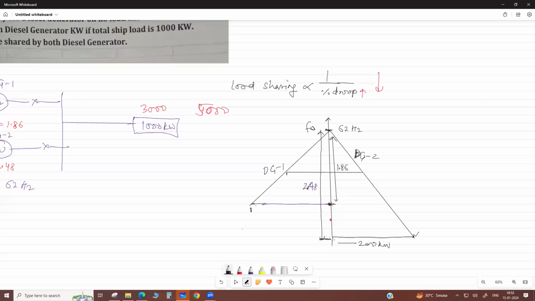Okay, so let us say it operates here, no arrow needed. Let this point be F, frequency. Then X is the load on the generator, and what is the load on B? This height, this length. Please don't get confused. There is this.